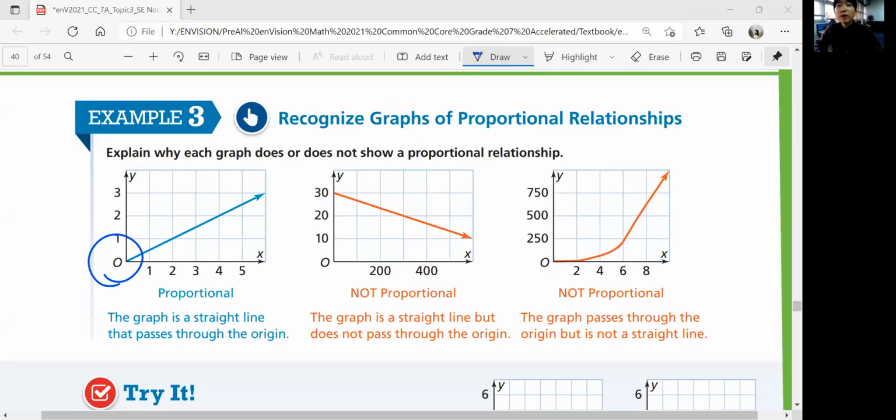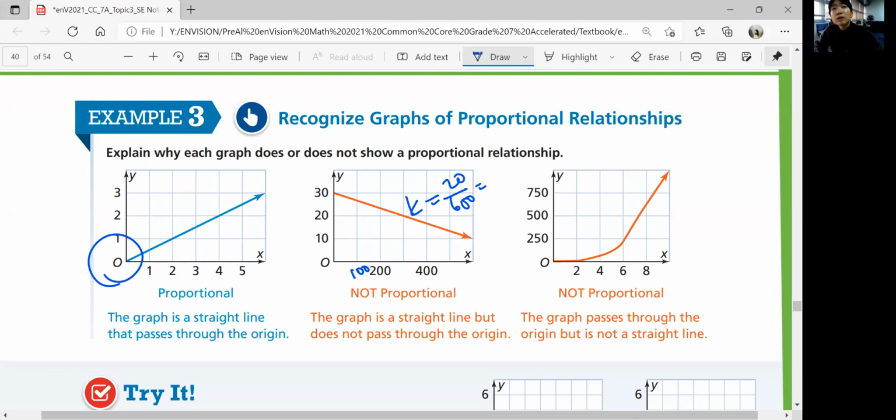So even if you have a constant rate of change, okay, here we have this constant rate of change. It's a negative change, right? For every 6 units x increases, you have y decreasing by 20, right?